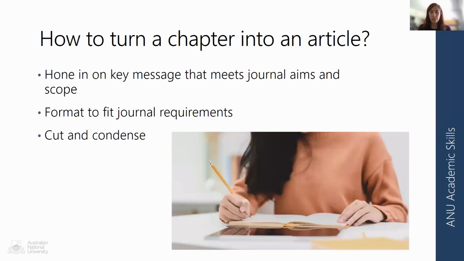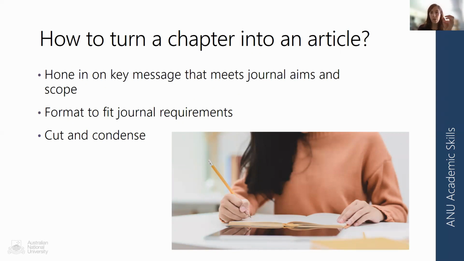Okay, if you have a chapter, if you are doing more of a traditional thesis and you want to also publish articles based on those longer chapters you've written, it's not a matter of just cutting a few thousand words from your chapter but keeping the structure of the chapter basically the same. You've got to probably shift it a bit to meet the audience needs of that particular journal you've targeted.